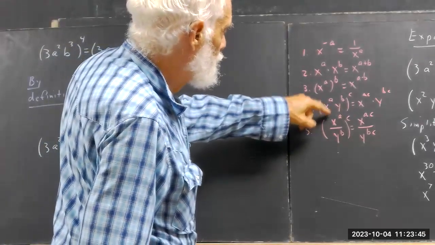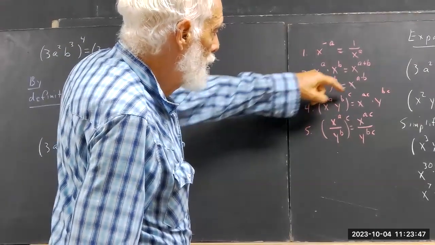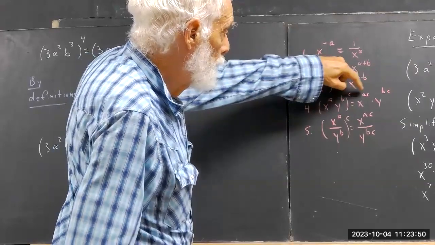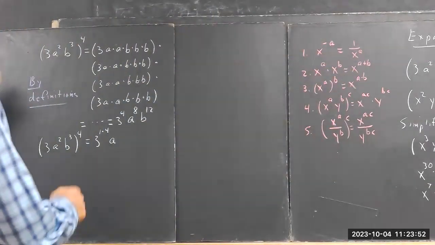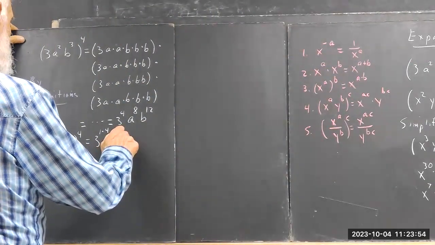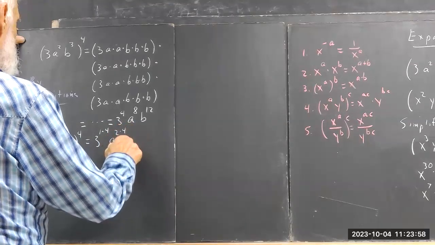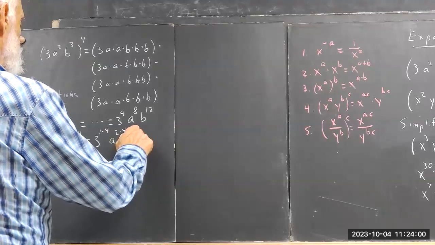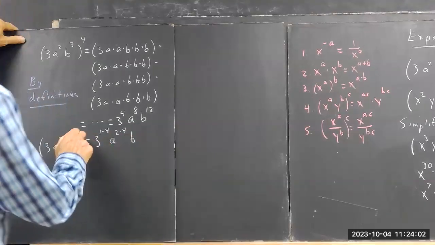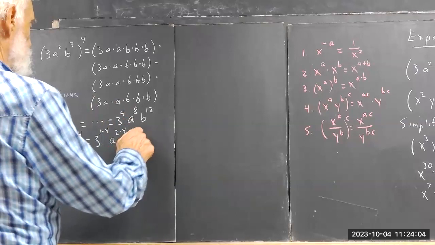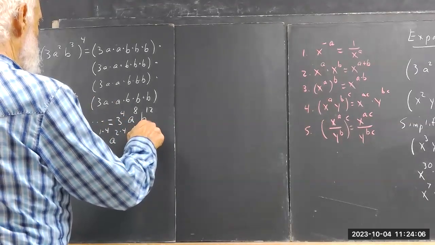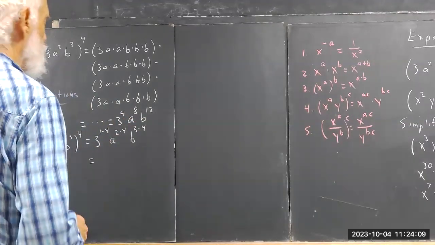Well, if you got something raised to the a to the c, you multiply those powers. Okay, so that's 3 to the 4th, a to the 2 times 4. And then b is raised to the 3rd, but then that's raised to the 4th power. That's b to the 3 times 4. And look at what we do.